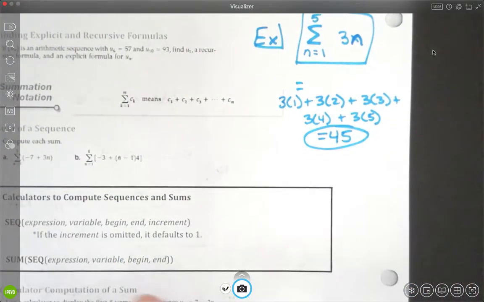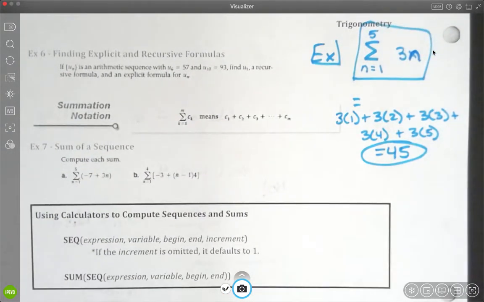Okay, that's what a summation is. That kind of reminds me of factorial. Kind of, yeah. Okay, so all of that interesting stuff is embedded into a summation. Now, I'm going to show you here in just a minute how to do that on your calculator. You should be able to hit a button on your fancy calculator, and it will do that all for you.